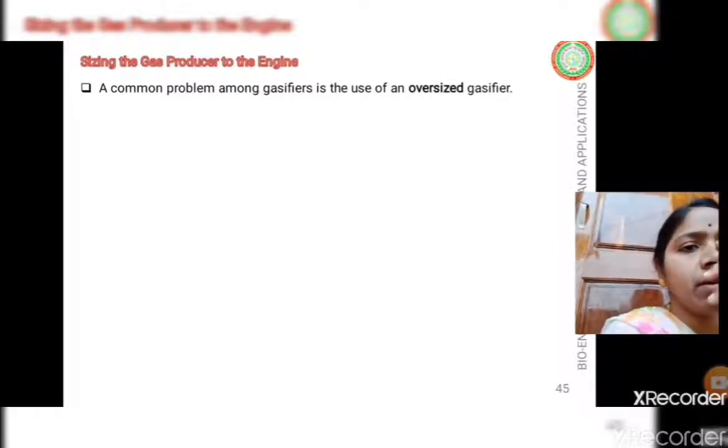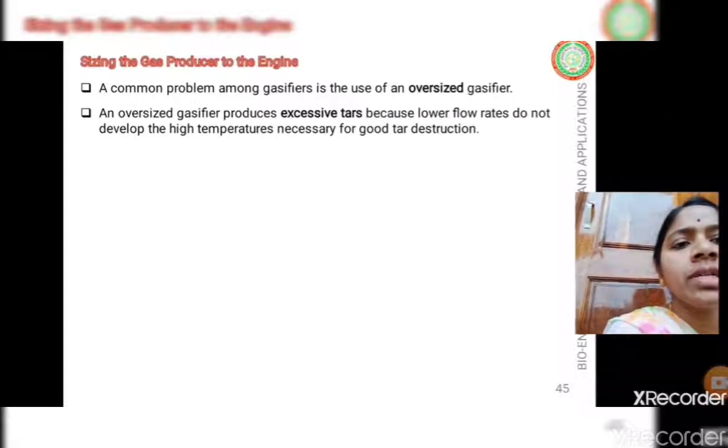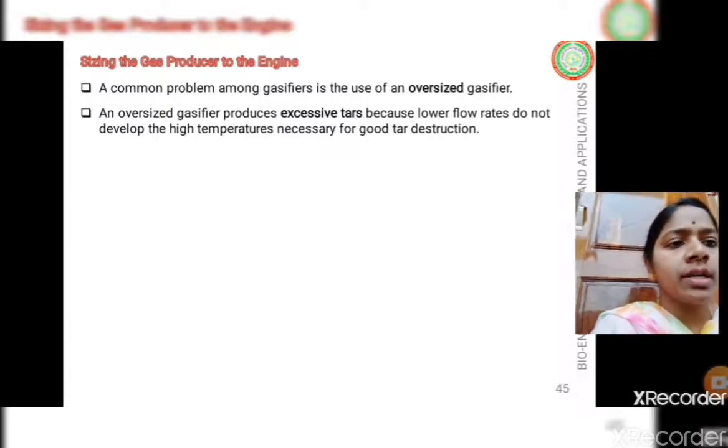The sizing of the producer gas to the engine is a very common problem for gasifiers used for shaft power generation. Here you can see the oversized gasifiers. If we are using oversized gasifiers, what happens? Oversized gasifiers produce excessive tar, because there is no chance for condensation of the tar to take place.